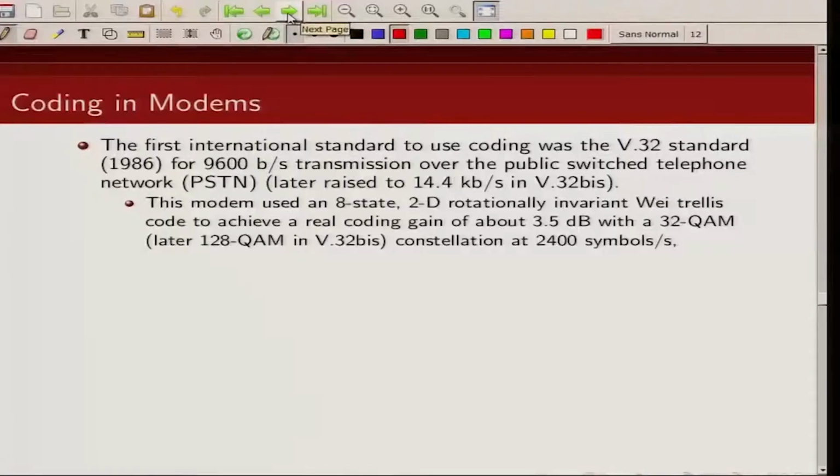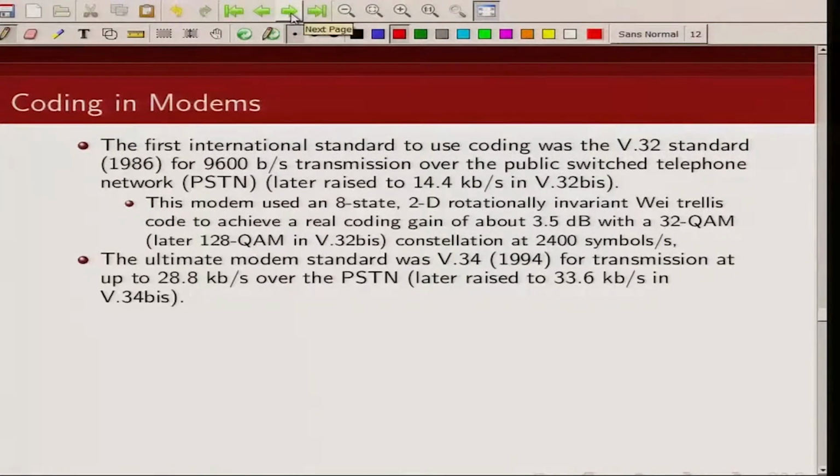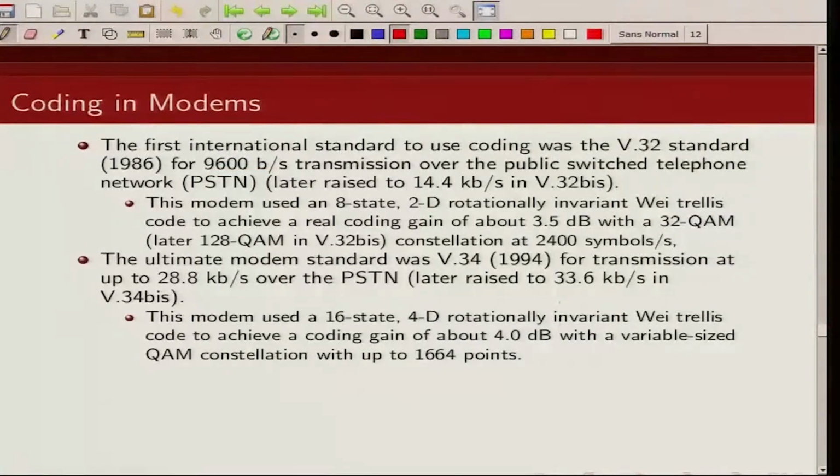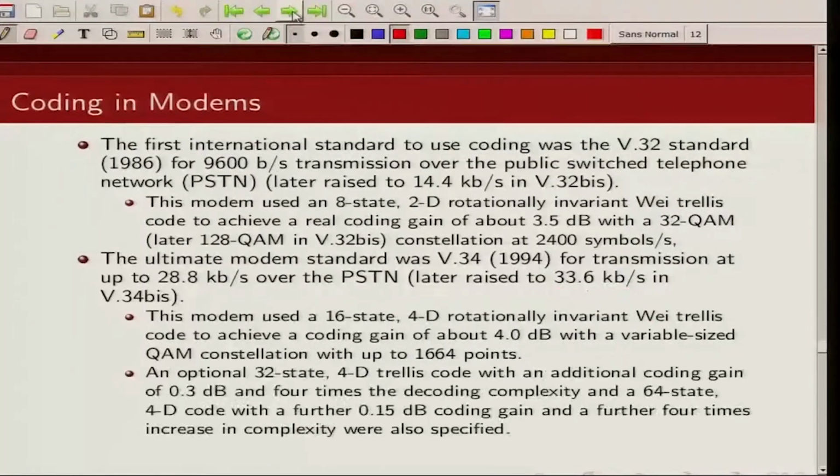Some of the applications I have listed here. Initially we had 9.6 kbps transmission that uses an 8-state code. Then for 33 kbps transmission, they use a 16-state 4-dimensional trellis coded modulation scheme, and there was an optional 32-state 4-dimensional trellis code which was also specified in this standard.